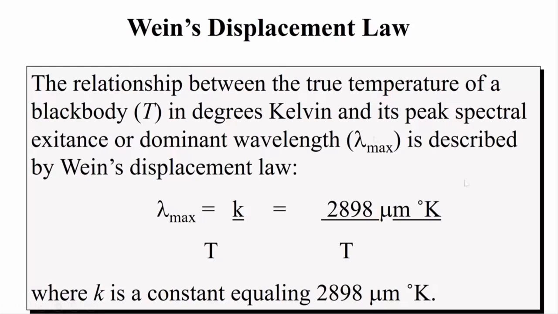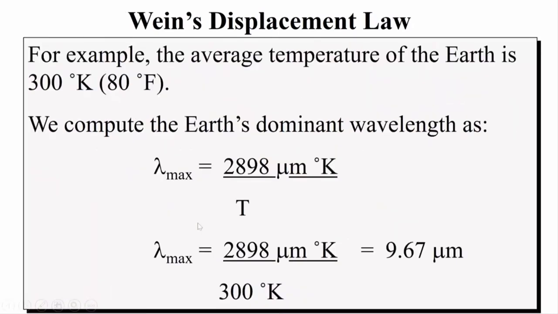According to the formula, the dominant wavelength equals K divided by T, where K is a constant, 2898 micrometer degree Kelvin, and T is the temperature of the body. So when the temperature is known, the dominant wavelength can be calculated. In the next slide we are going to see an example.